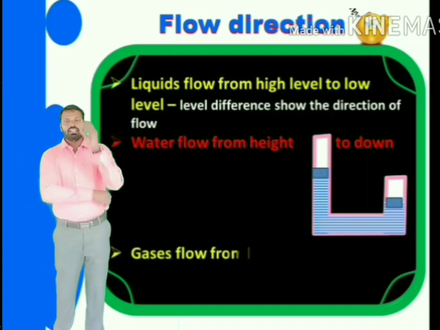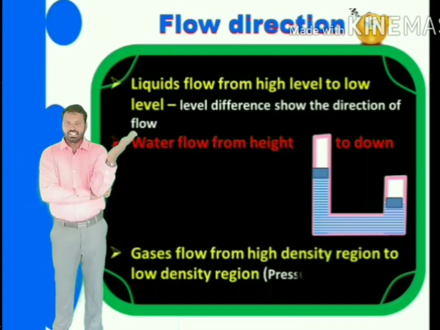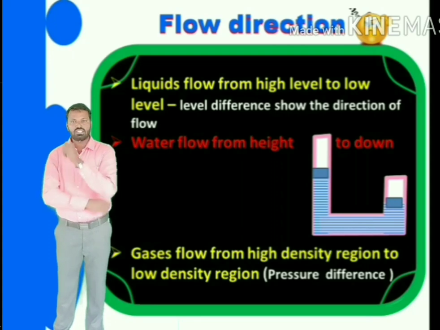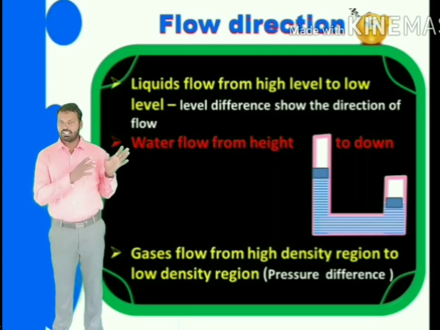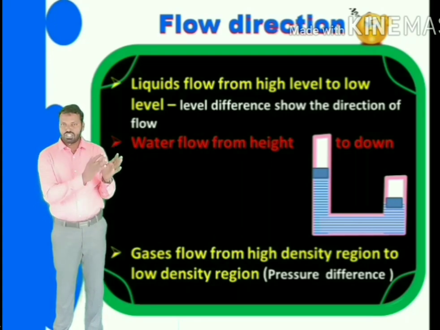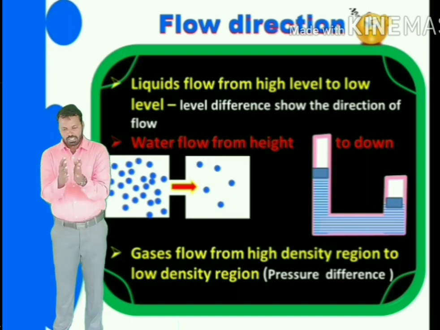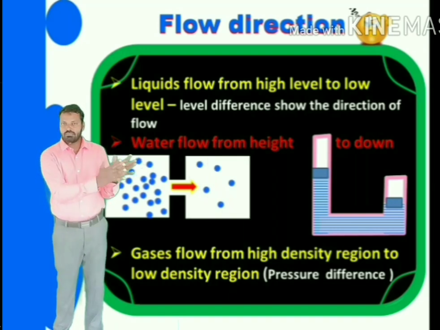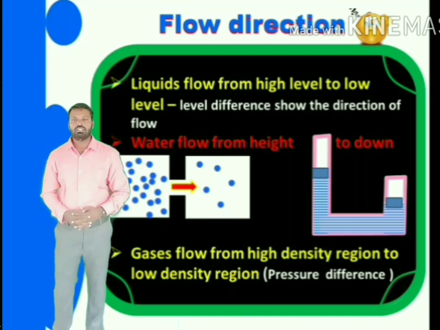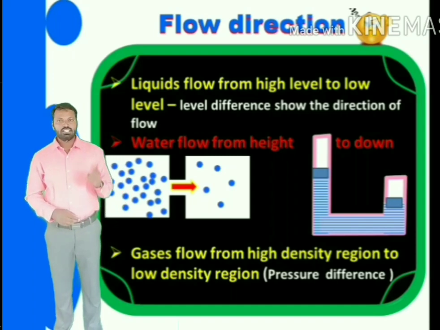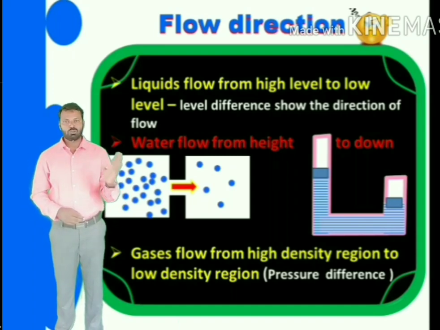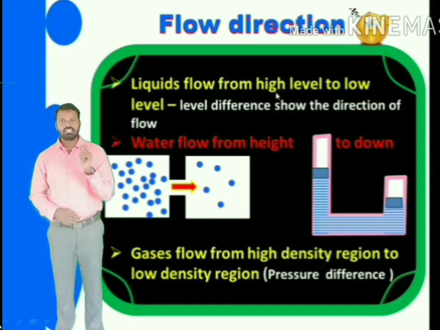Similarly, gases flow from high density region to low density region, or in another way, diffusion of gases takes place from high pressure region to low pressure region. That means the pressure difference between the points indicates the direction of flow.